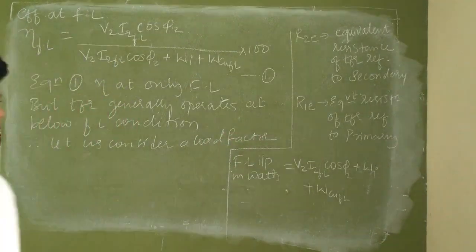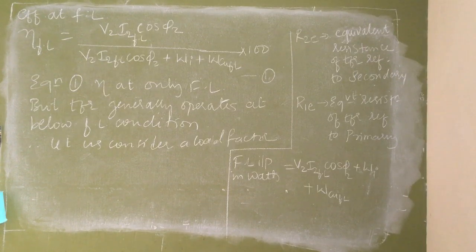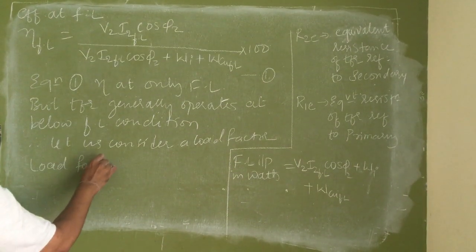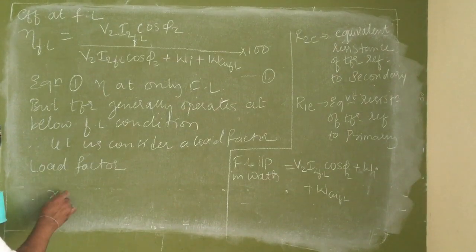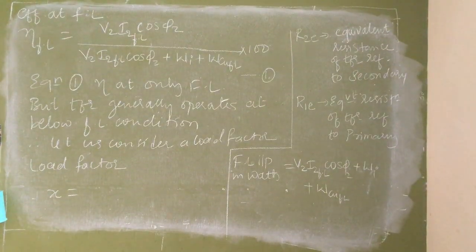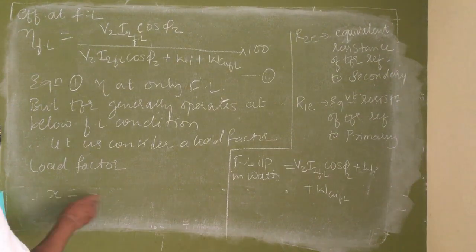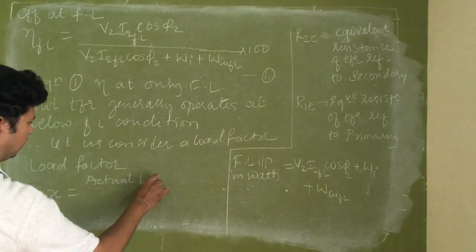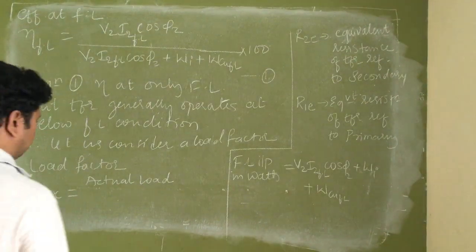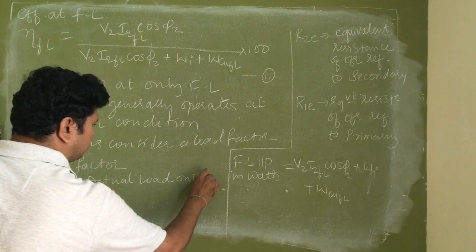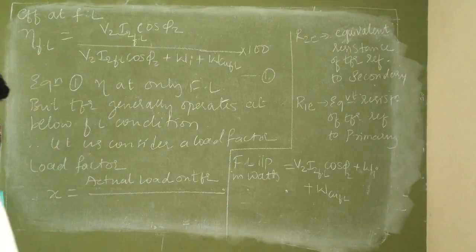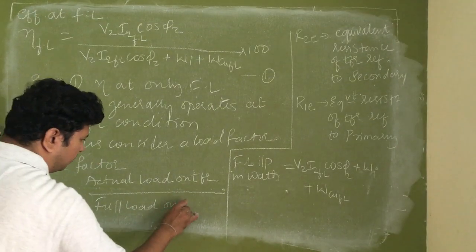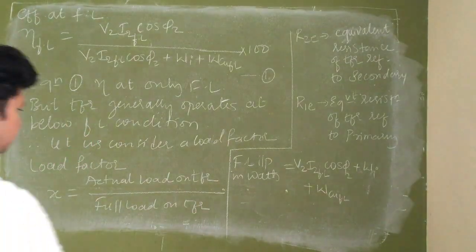Let us consider a load factor. Load factor X is the ratio of actual load or existing load on transformer divided by full load on transformer.